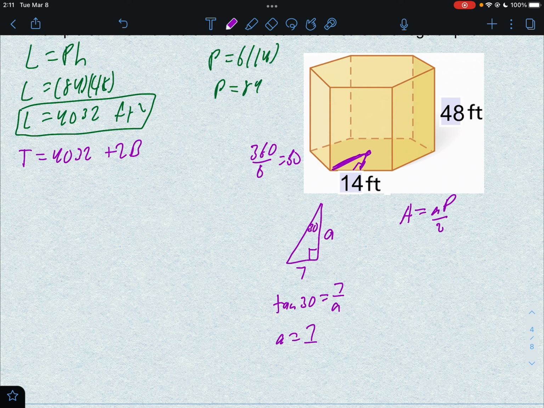And that would be A equals 7 over tan 30. So A is approximately 12.124. So now we have our area is 12.124 times our perimeter, which is 84 over 2. And our answer is 509.22.